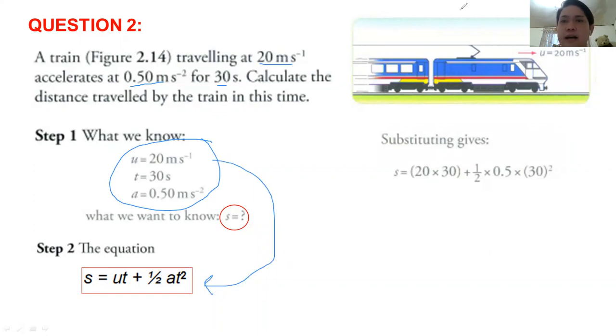Next, we will substitute the given that we have to the equation. So we can now have 20 for your initial velocity, and then for your time 30 seconds, plus 1/2 times 0.5, which is your A, times 30 squared, based on the formula. Then after we substitute, we can simplify or calculate.